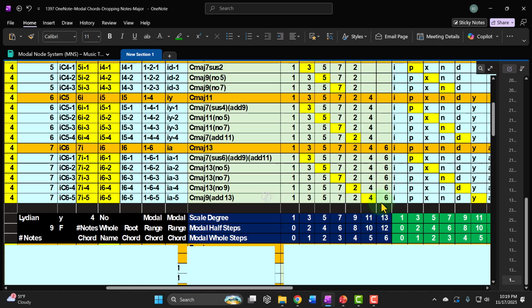But because we don't usually go long and then drop the one in the middle, we usually go short. So we would call that C major 9 and then add the 13. I'd rather call it consistently a 7I -5 or an I6 -5, our system generally going long, and then dropping the one which would be 5 modal whole steps, 10 modal half steps, the 11th scale degree.